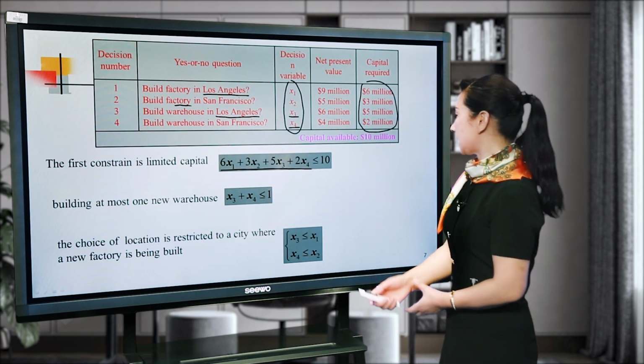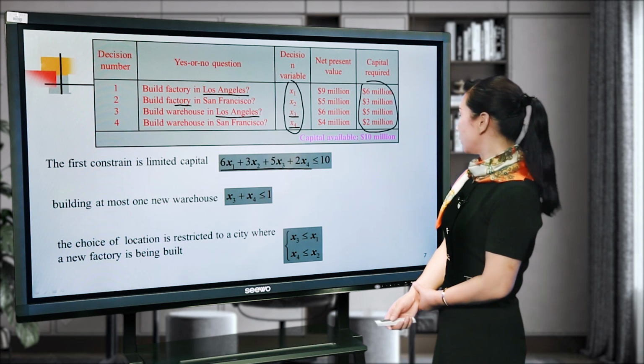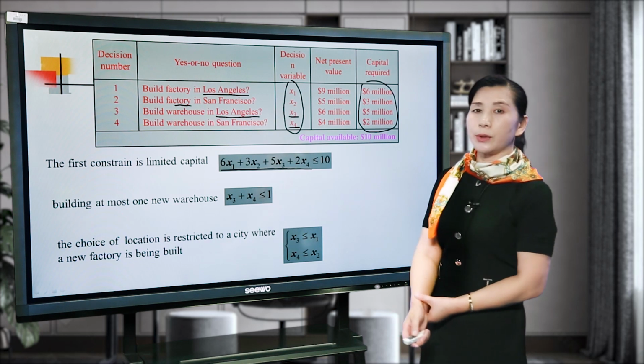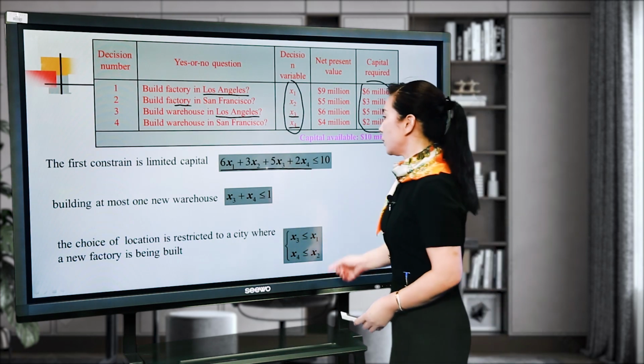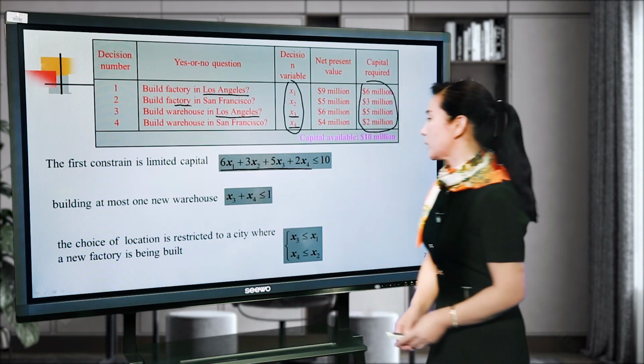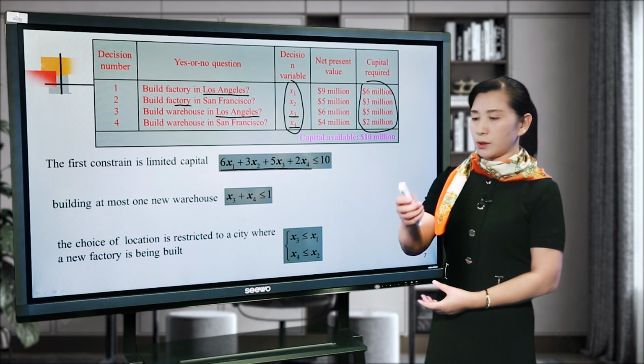So we write x3 less than or equal to x1, x4 less than or equal to x2. These inequalities express that the choice of location is restricted to a city where a new factory is being built.